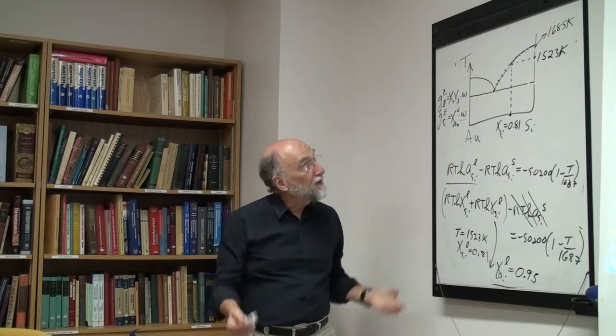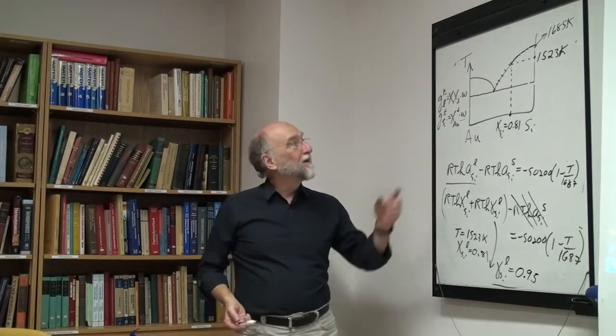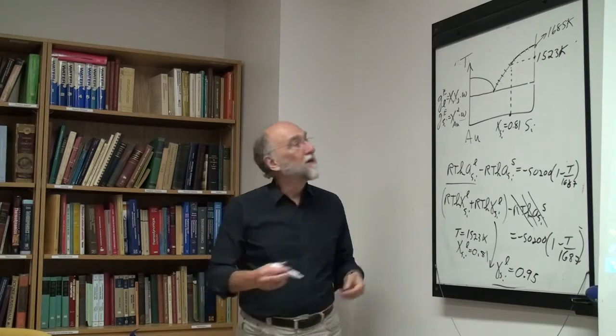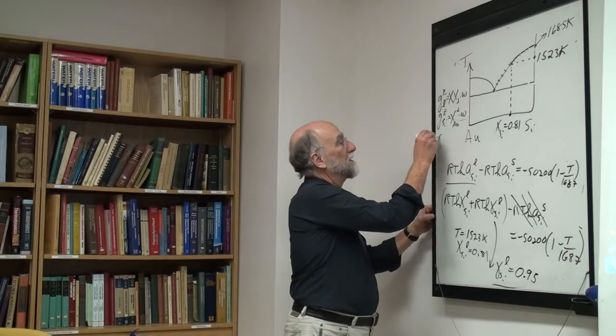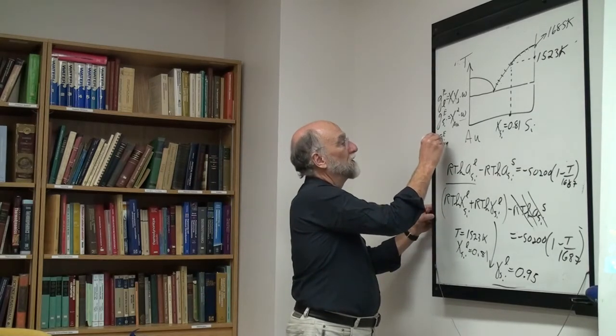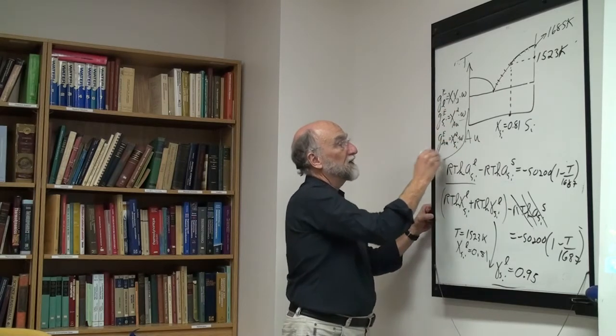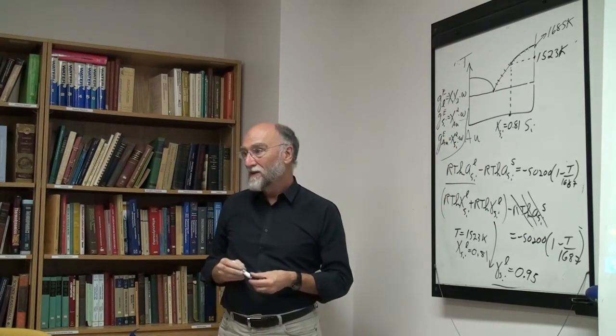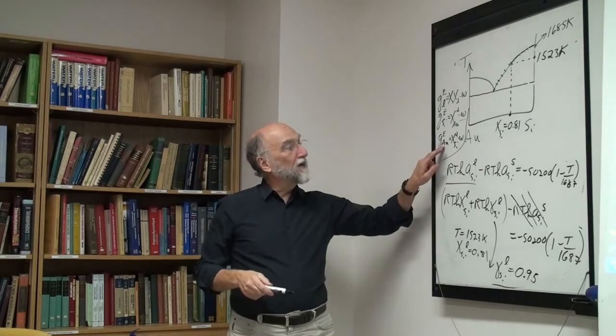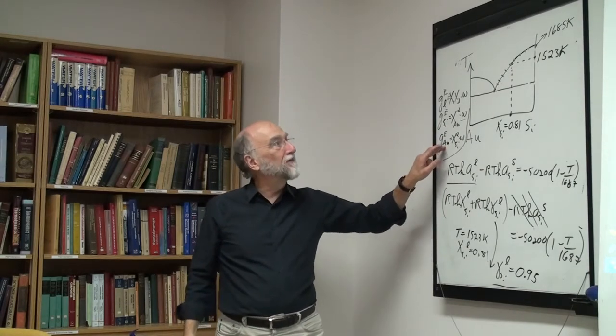So fine, I fitted my phase diagram to this regular solution equation. And then you write GXS of gold then is equal to X silicon squared times omega, because that's your regular solution equation. Okay, and then you go and get your GXS of gold, but you really haven't.